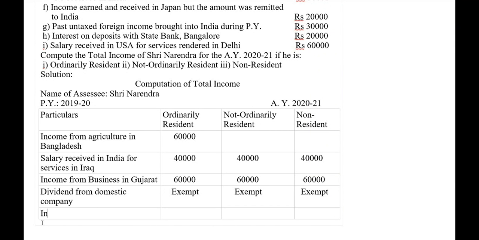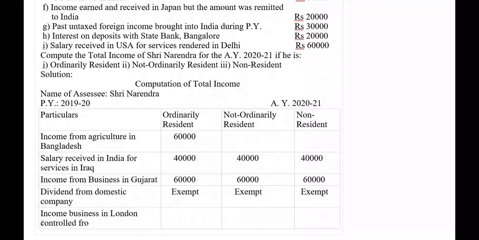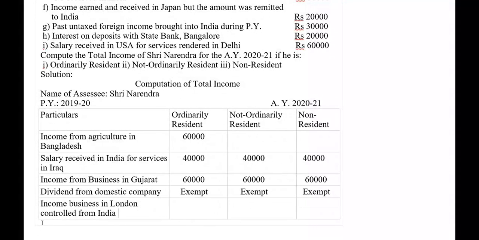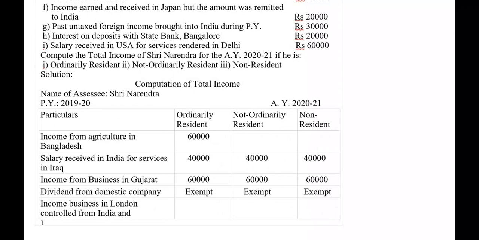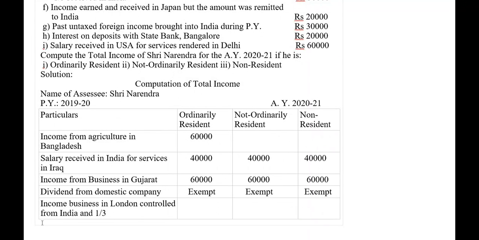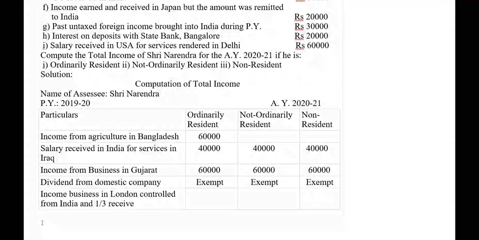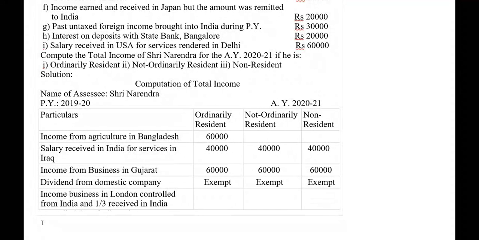Then the next one, income from business in London, controlled from India, and 1/3 received in India.